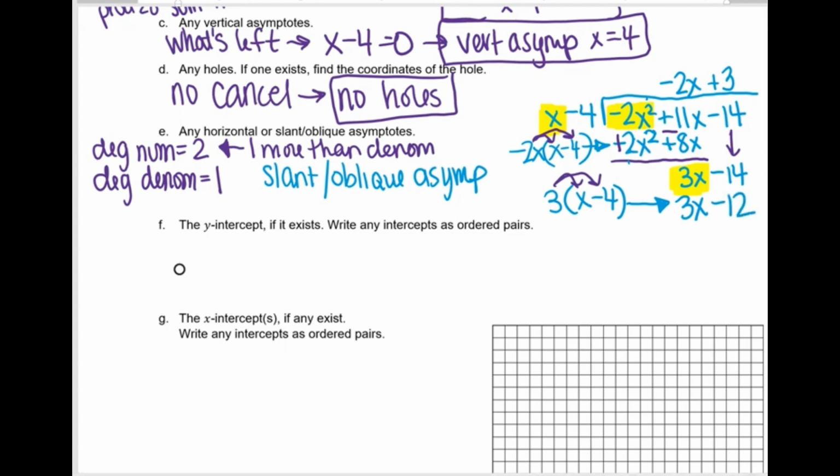Change the signs when you draw the line. First terms cancel. If they didn't, something went wrong. Go back and fix it. Negative 14 plus 12 gets us negative 2, which remember is our remainder. So we found our slant or oblique asymptote to be y equal to negative 2x plus 3.